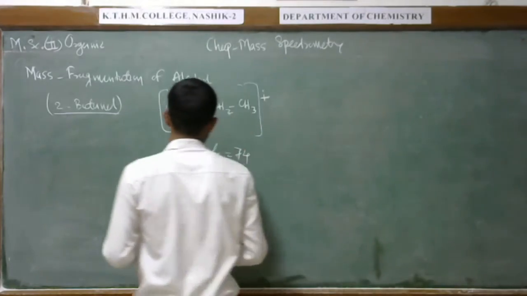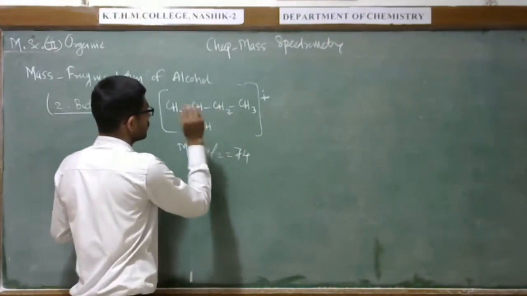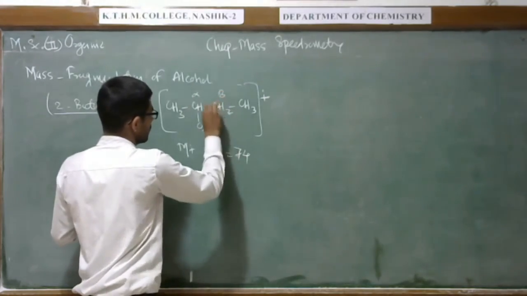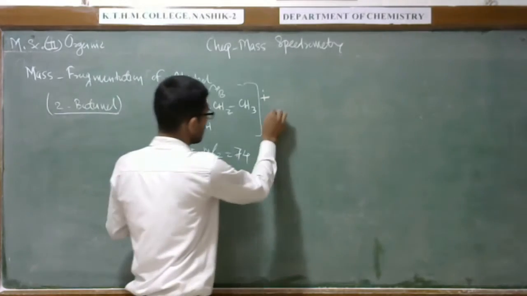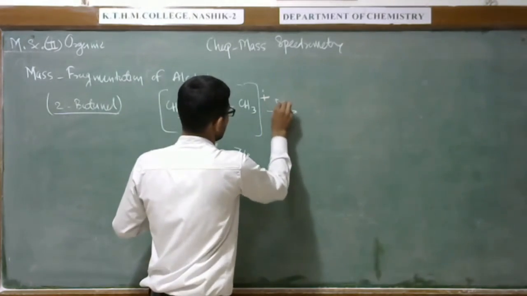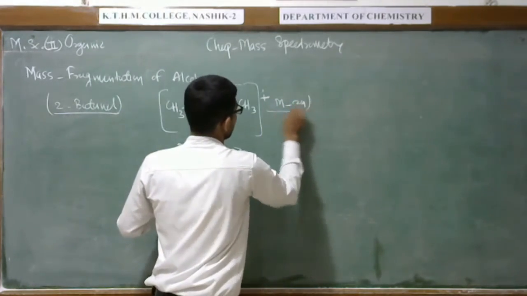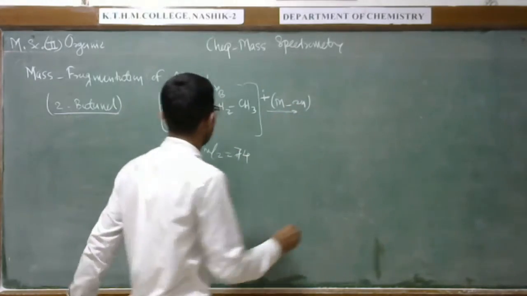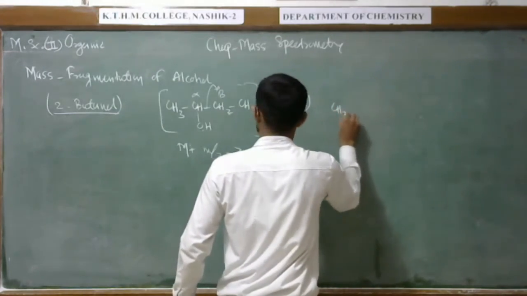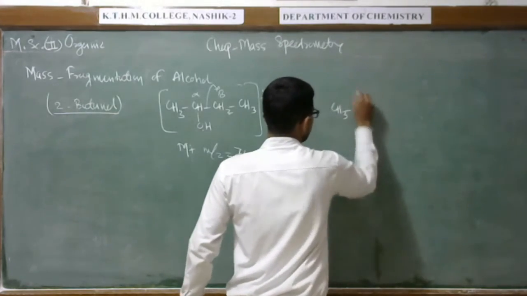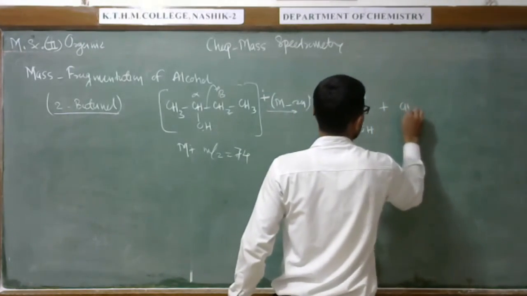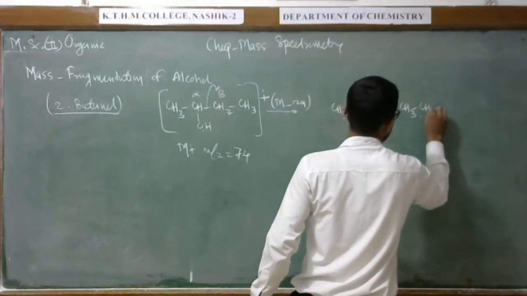Next is the alpha cleavage. During the alpha cleavage we can remove generally the larger alkyl group as a radical. So here M minus 29, we can observe M minus 29. After the loss of M minus 29, we can observe the peak like this, and this is the group as a radical.